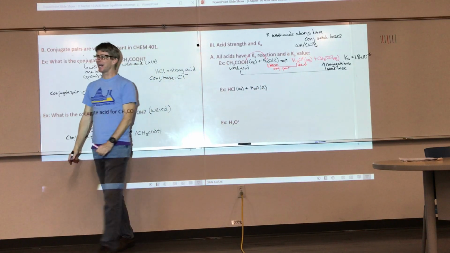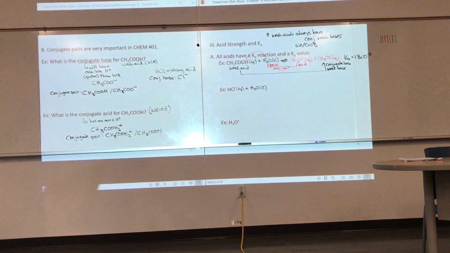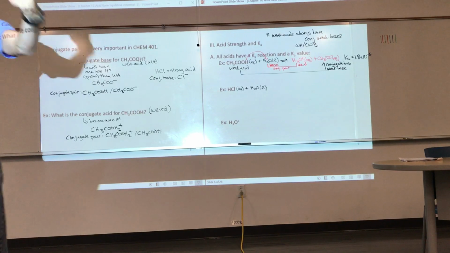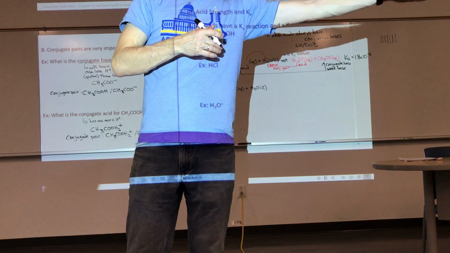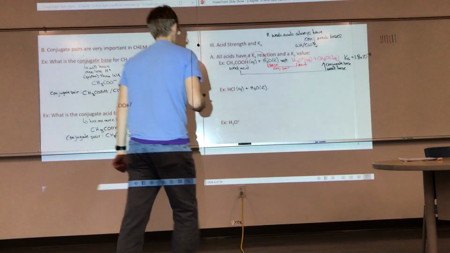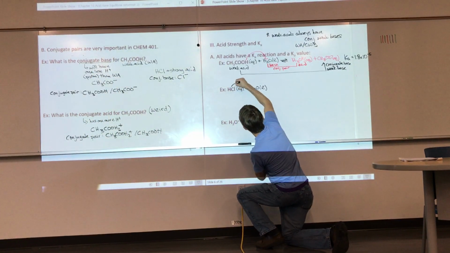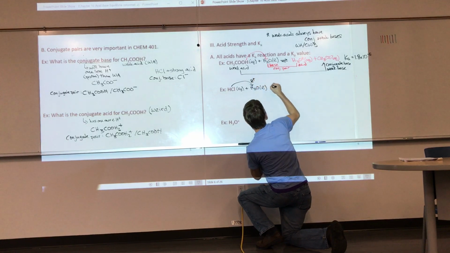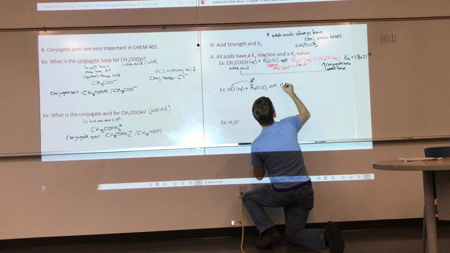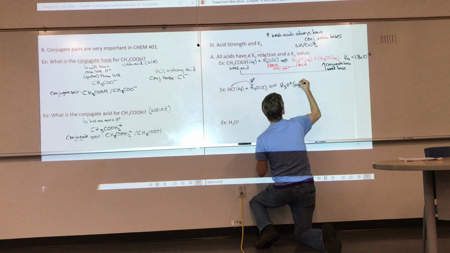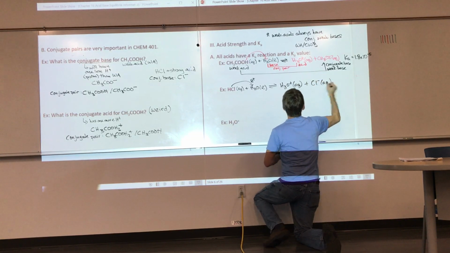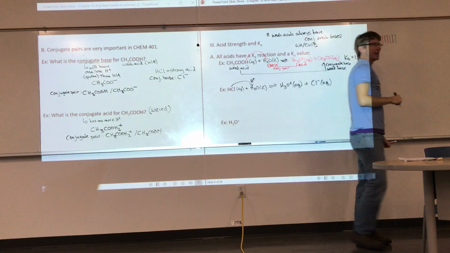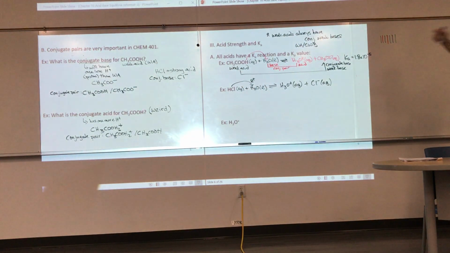Same kind of thing, it's a Ka. Ka reactions always look like this. Acid plus water goes to hydronium plus conjugate base. We said that the conjugate base for HCl on the previous slide was Cl minus.